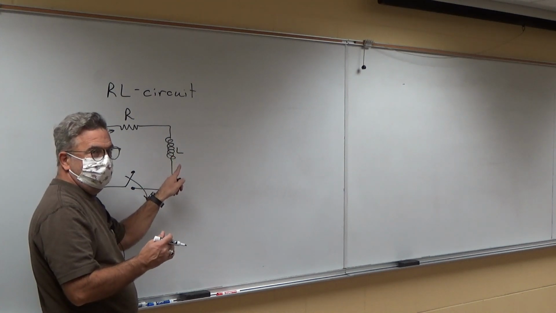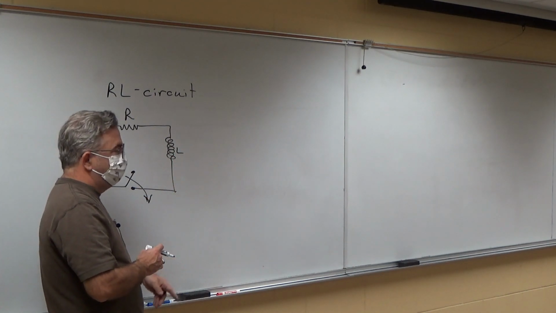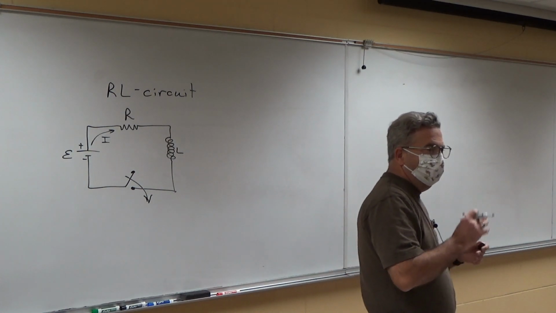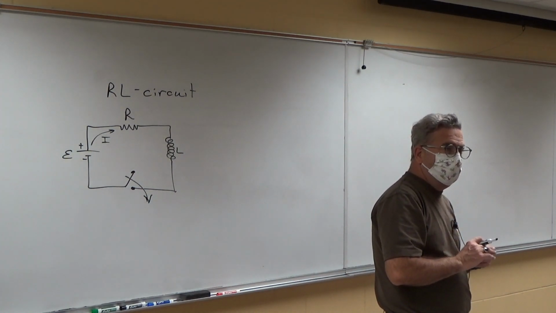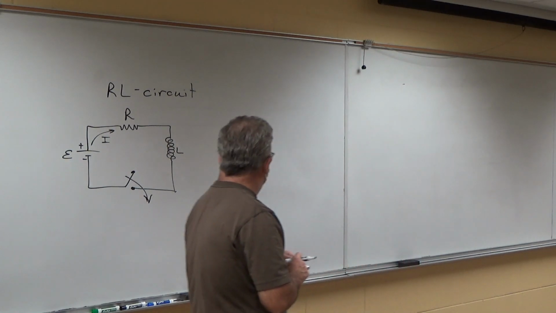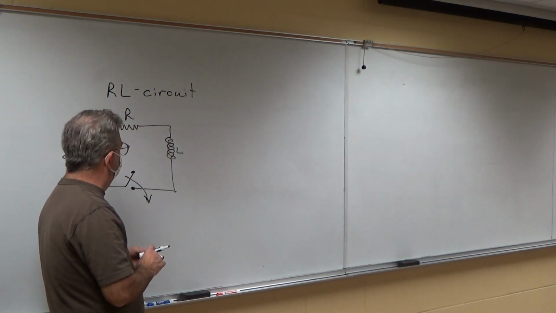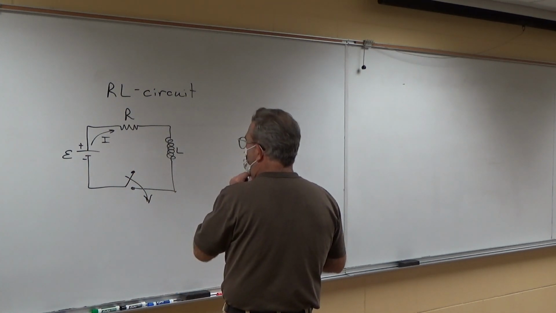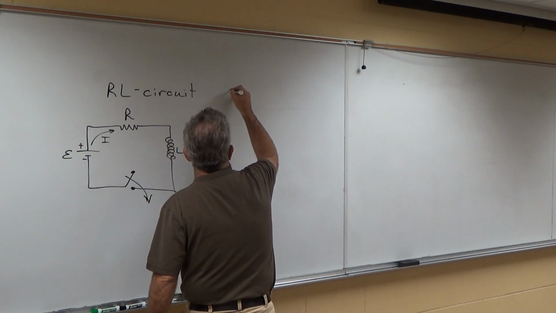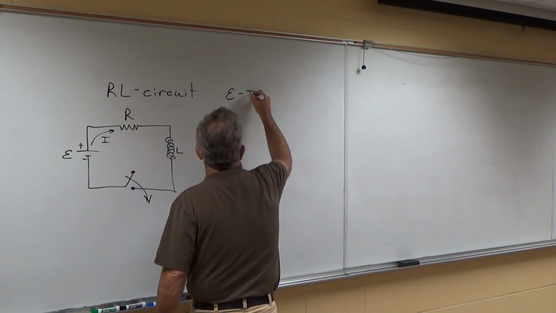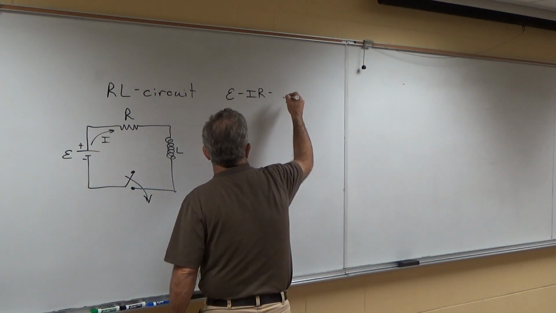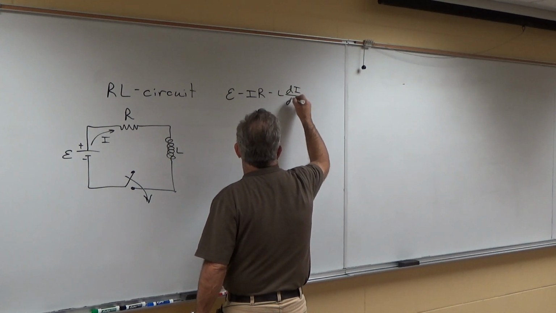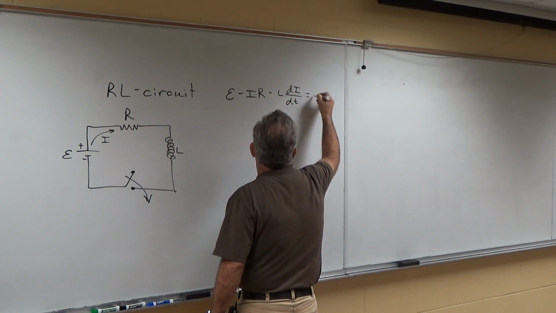It has some inductance, okay? So that's sometimes called a back EMF. Like I said, you get a resistance to current flow due to that changing field in the inductor. So if you go around this circuit and you add up, you get E minus IR, I think it's minus L dI/dt.